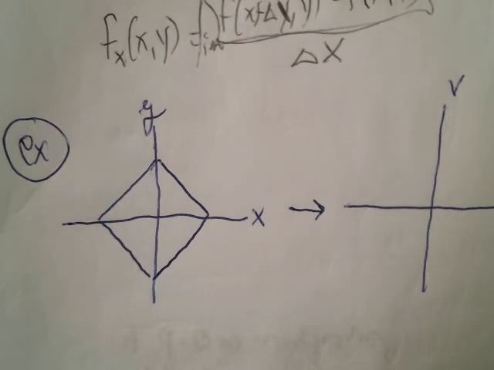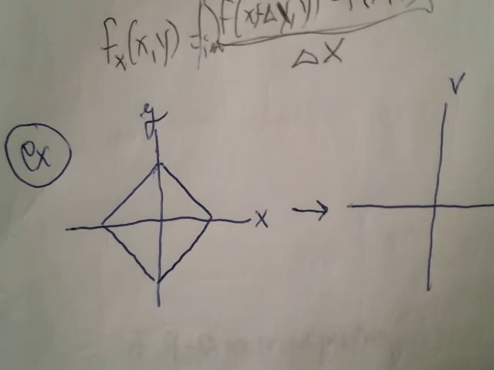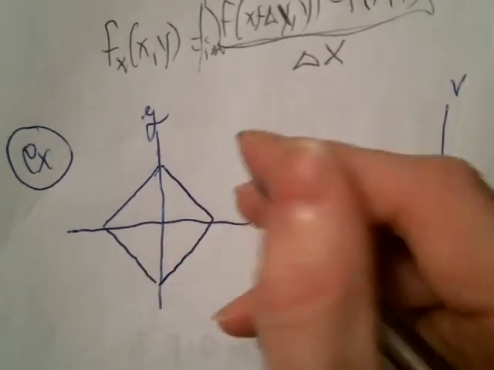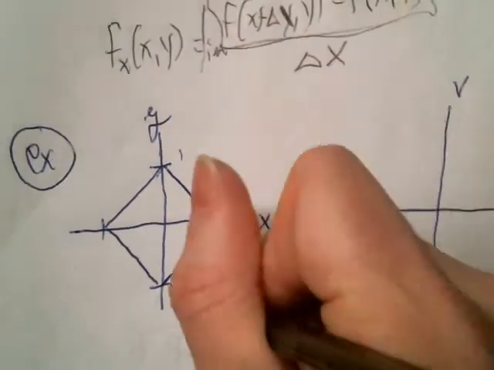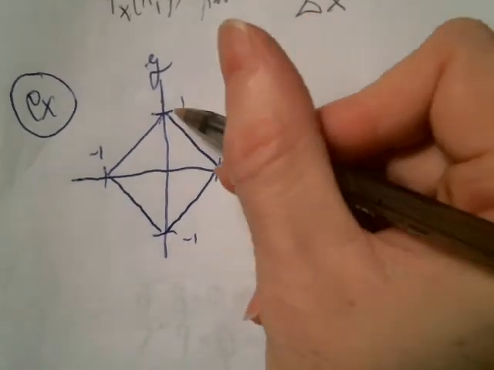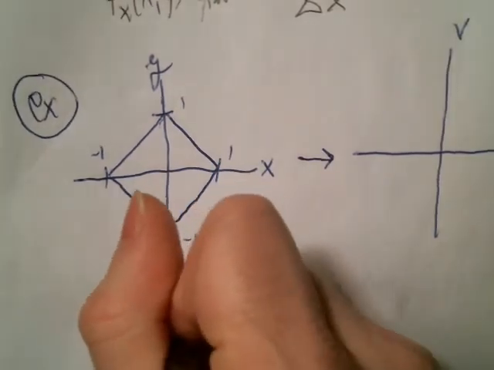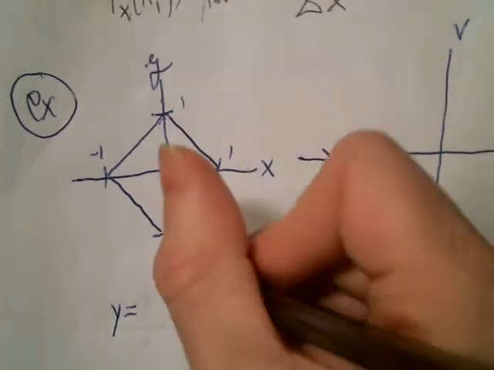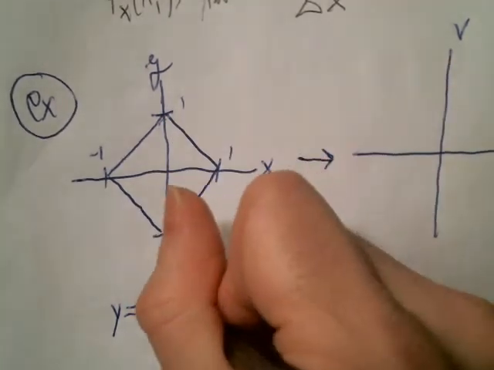Well, I need to get some substitutions for x and y in terms of u's and v's. So first I'm going to just note what these lines are. And these positions are 1, 1, -1, and -1. Okay, so I get equations for these lines. This equation here is y equals, the slope is down 1 over 1, so -x, and then the y-intercept is 1, so +1.